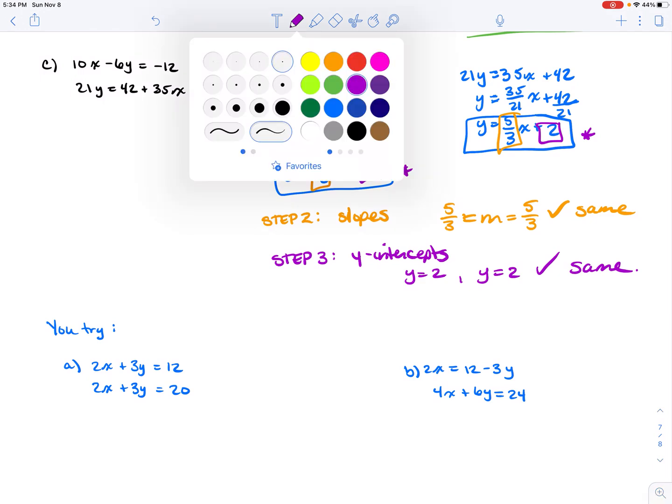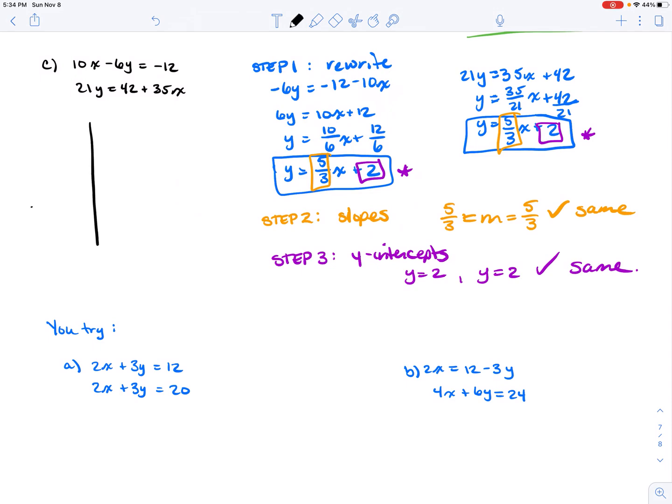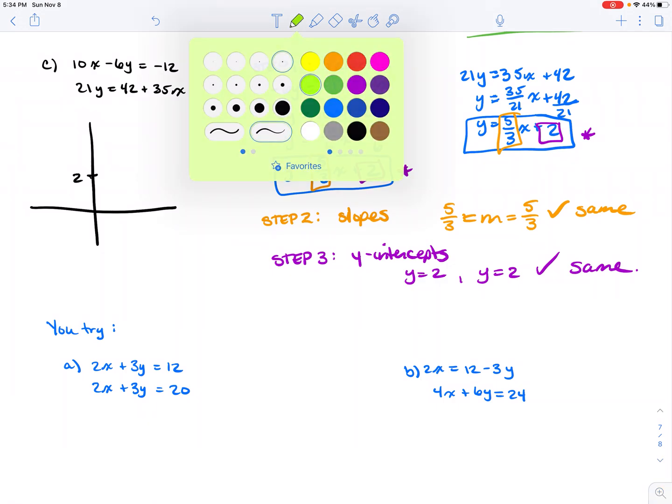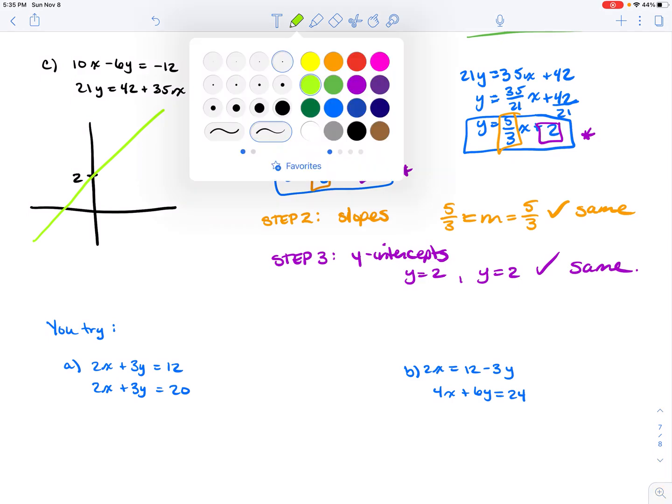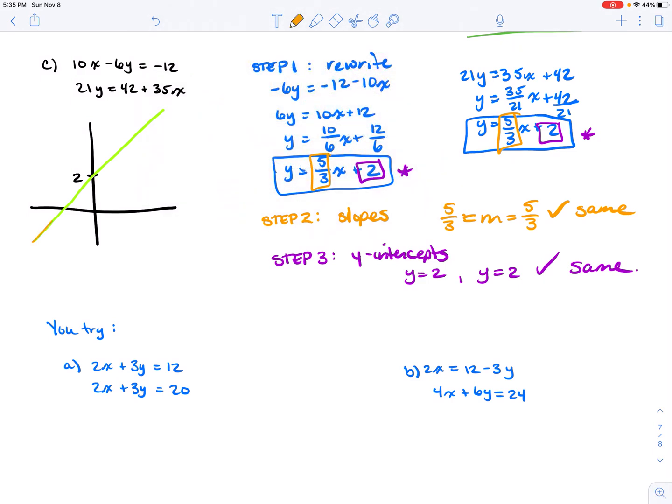So that means on my graph, I have one line here, but I have the other line right on top of it. It's the exact same line. So what does that mean? Therefore, same line, which means, what do we call them?